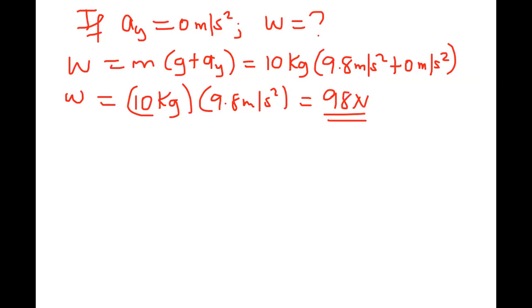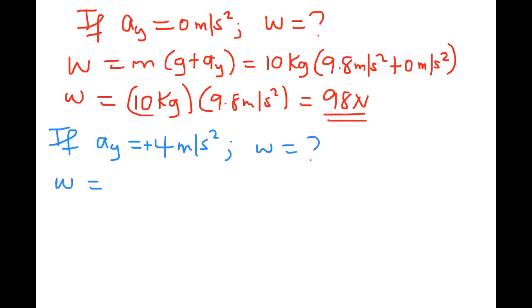For example, let's use a different value. If acceleration in the y direction is, let's say, 4 meters per second squared upwards. So if I say plus, that means upwards. So what will be the weight? If you do the same, weight will be equal to m times g plus acceleration in the y direction.